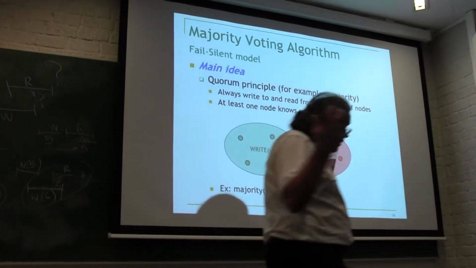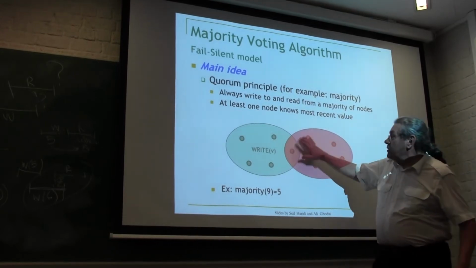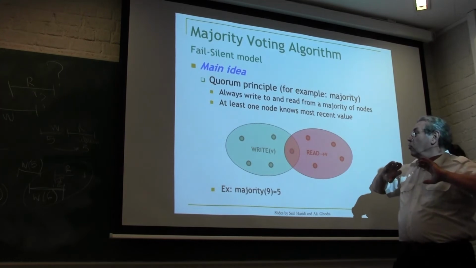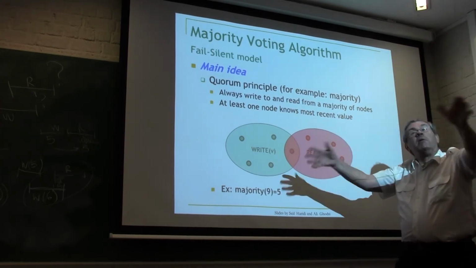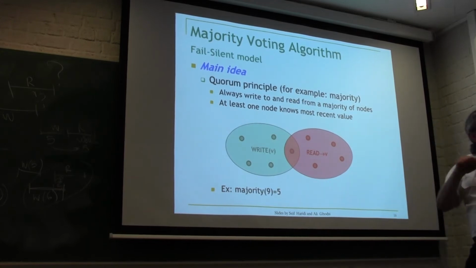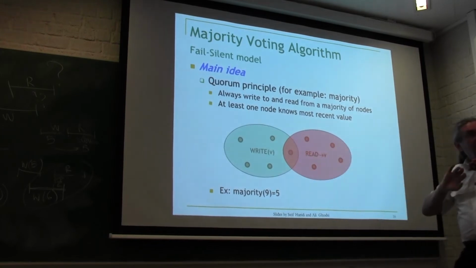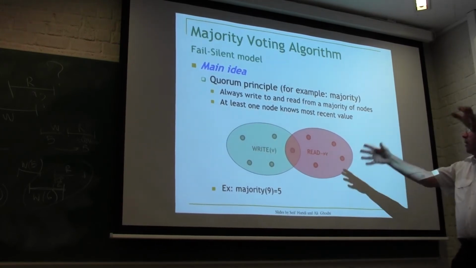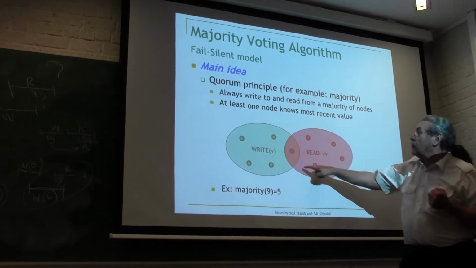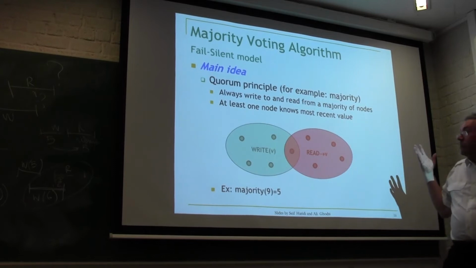Of course, you can have failures in here. The idea is the following. When you write, you write to everybody, and you wait to get acknowledgments from a majority, and then you're done. When you read, you ask for the value from everybody, and you only wait for a majority of returns, and you're done. So if nodes fail, you don't care, if they're limited.